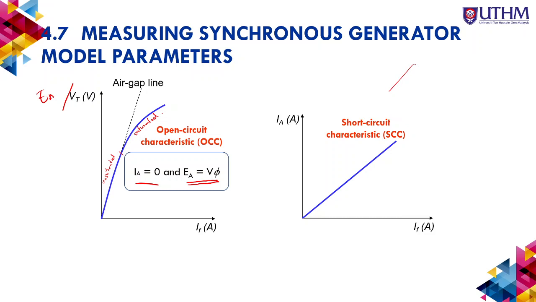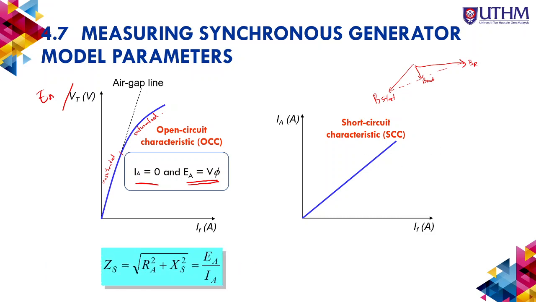For example like this, B stator and also B rotor cancel each other. So the net is very small. BR and B stator cancel each other, so then the graph becomes linear. IA is proportional to IF.